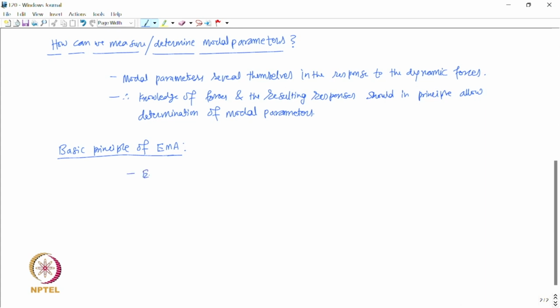So, EMA can be performed in the frequency domain or in the time domain. So, let us look at the principle of EMA in the frequency domain first.